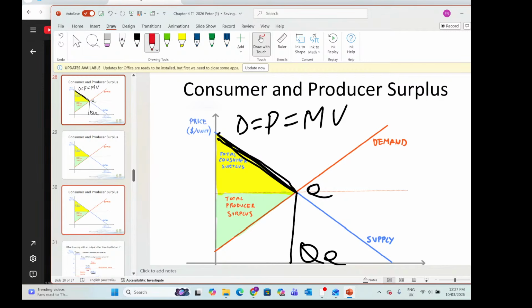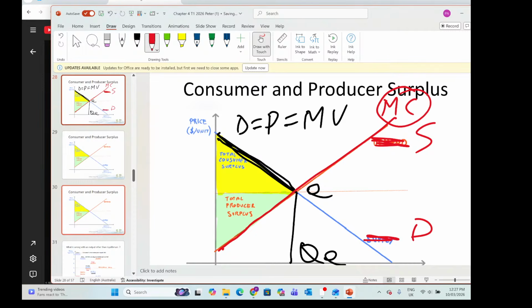What does the supply curve mean? The supply curve, whoops, it's a mistake in labelling here, supply, demand. What does the supply curve mean? The supply curve indicates the marginal cost of making the goods.